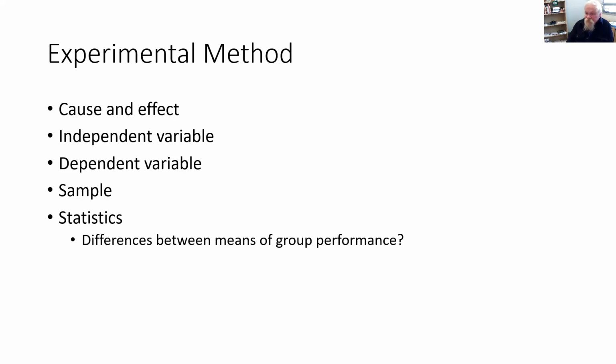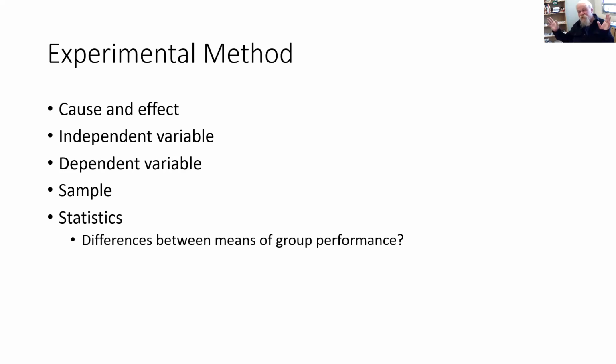After we run them in this study, they watch a violent video or a neutral video, and then we measure their level of aggressiveness. Then we can conduct some statistical tests to find out whether people who were randomly assigned to watch the violent video had a higher average aggressiveness than people who watched the neutral video.